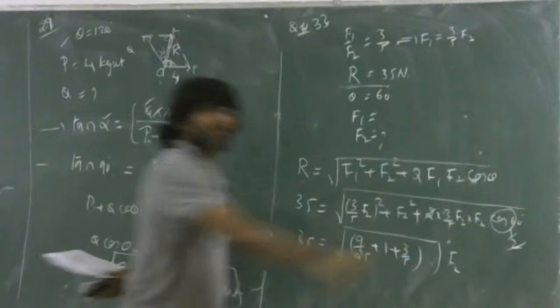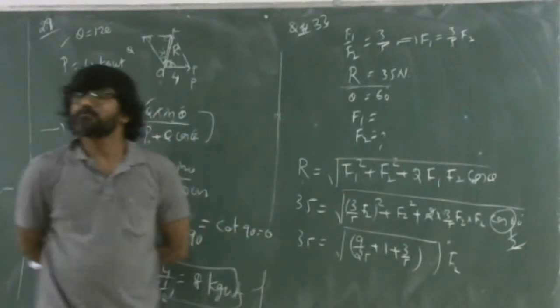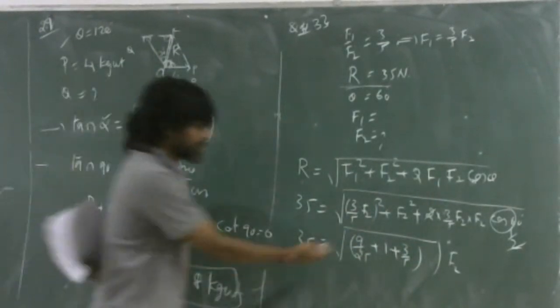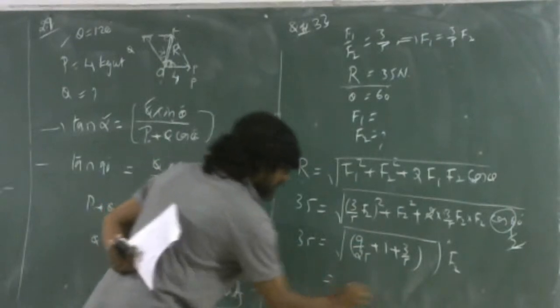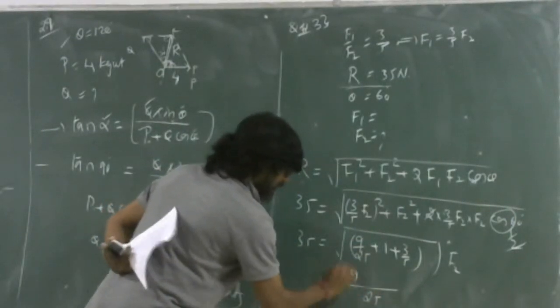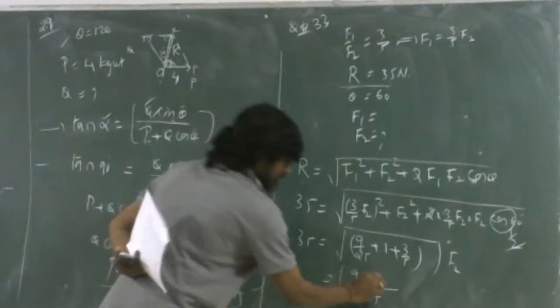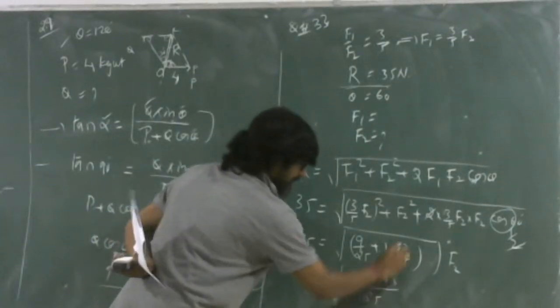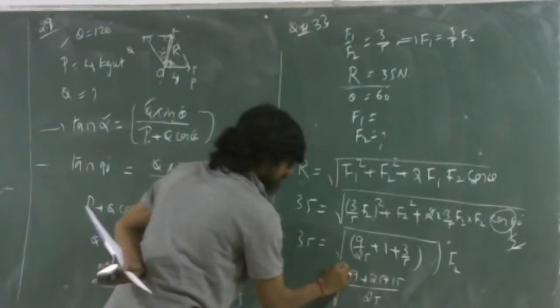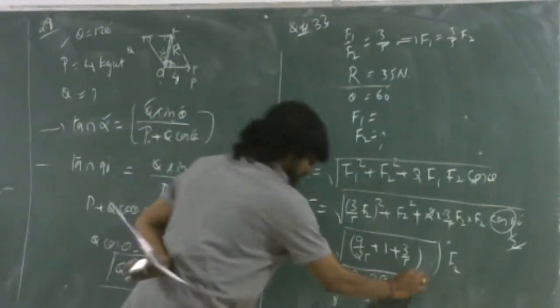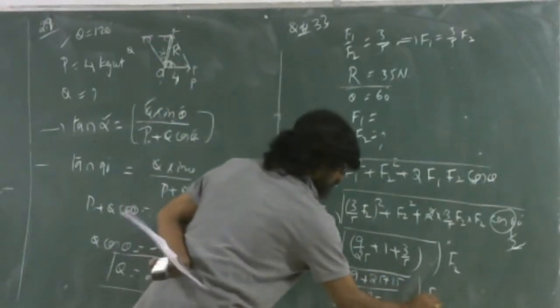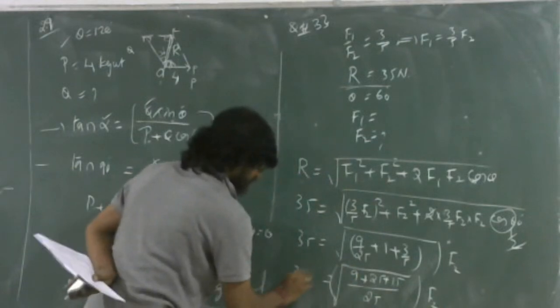So simplify it. We take LCM 25, so under the root we get 9 plus 25 plus 5 into 3, 15. So into F2 is equal to 35.